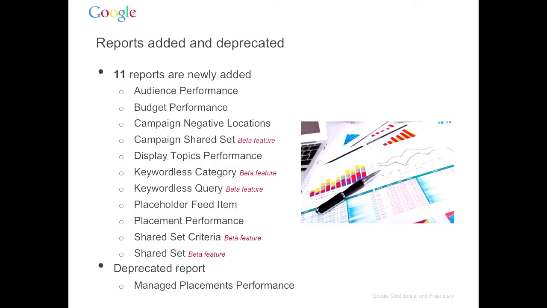We have the shared set criteria report for negative criteria that's associated with your campaigns, like negative keywords. We have the shared set report as well. They all go in combination on how you manage shared sets, which is the way you tie things to campaigns right now.